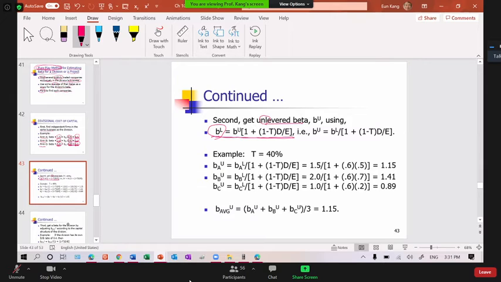So when you borrow money, beta will go up, right? But that is just levered beta. L means levered. Levered or leveraged, same thing. Unlevered or unleveraged, same thing.